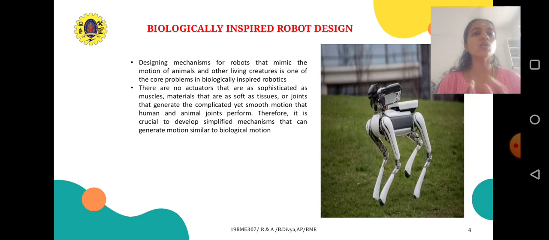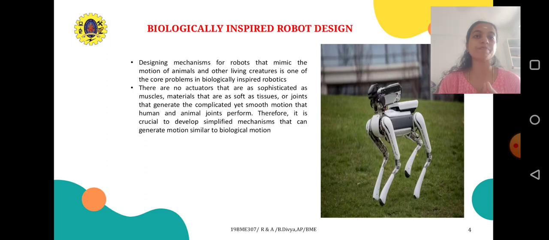There are no actuators that are as sophisticated as muscles. Since we are going to create a robot by mimicking the motion of an animal, but no actuators can act as sophisticated muscles, right?